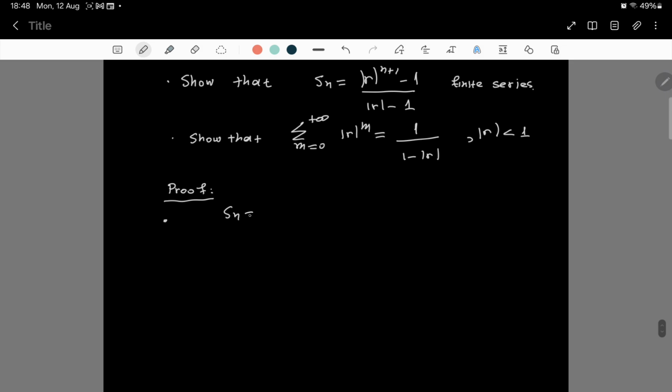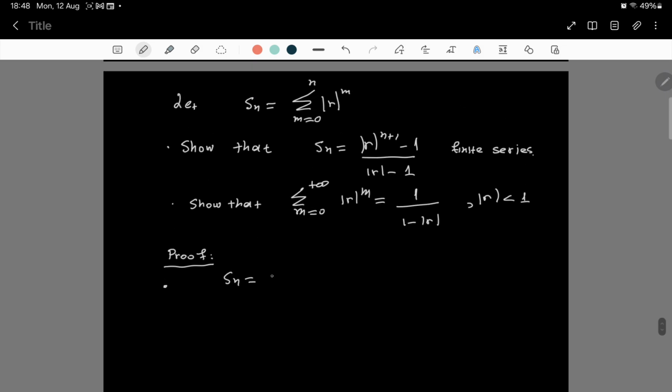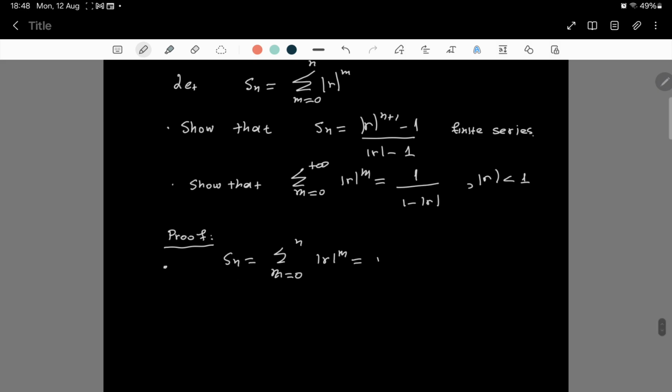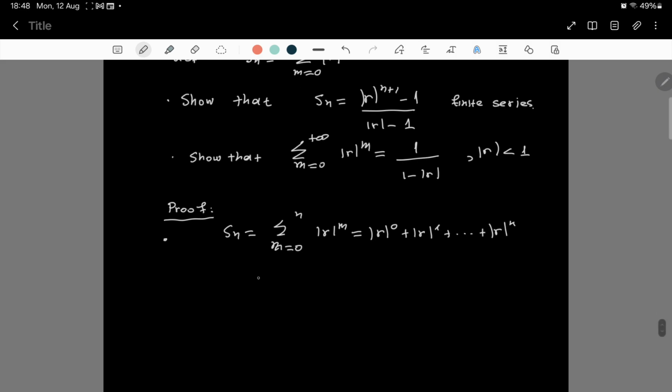So Sn equals the sum from m equals 0 to n of r to the power of m. We can expand this: r to the power of 0 plus r to the power of 1 plus up to r to the power of n. So we can write Sn equals 1 plus r plus r squared plus up to r to the power of n.